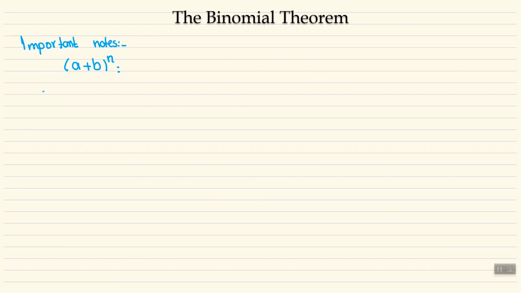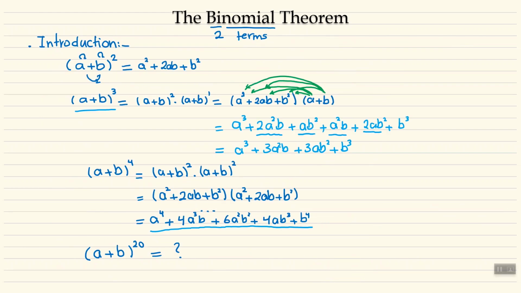The first note is about the power of a. The power of a decreases from n to 0. What do we mean by that? Let's go back a little bit. Look, here n is 4.